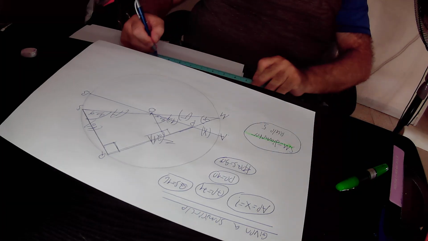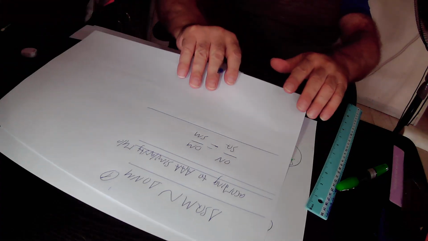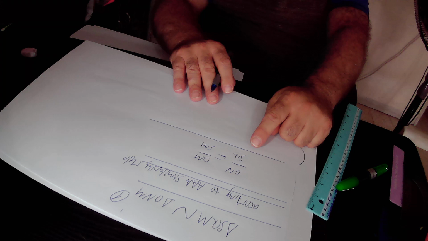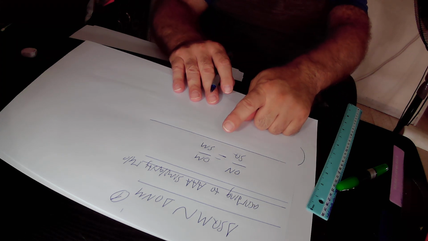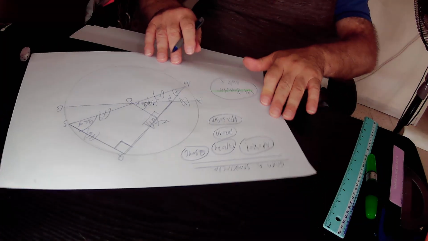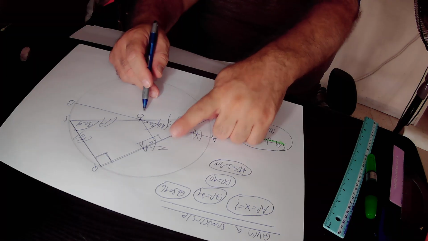Okay, again, we will derive that side ON of the small right triangle ONM over side QS of the big right triangle SQM is equal to side OM of the small right triangle ONM over side SM of the big right triangle SQM. ON is the missing side, so we leave it as it is.